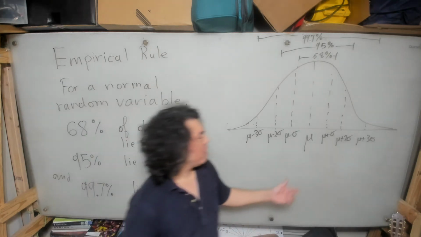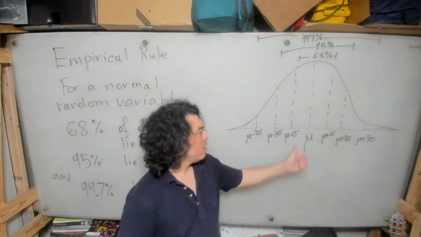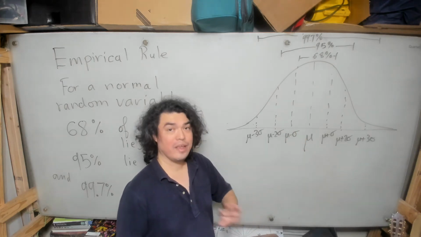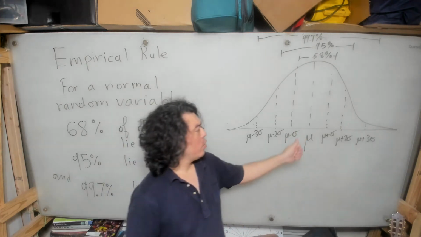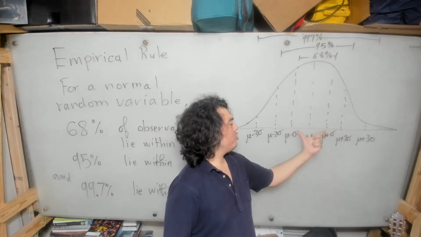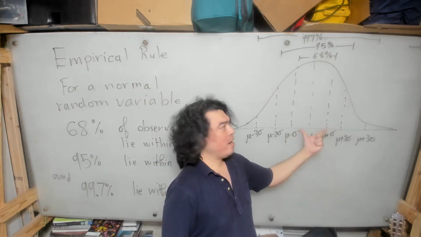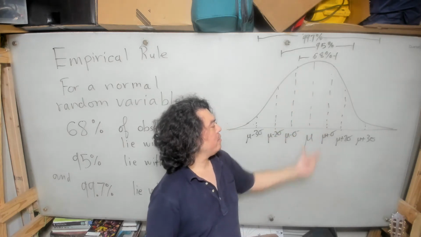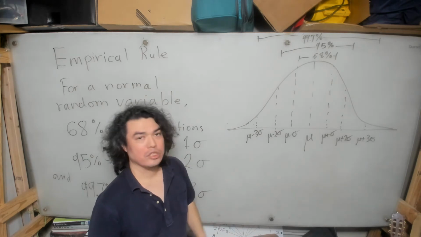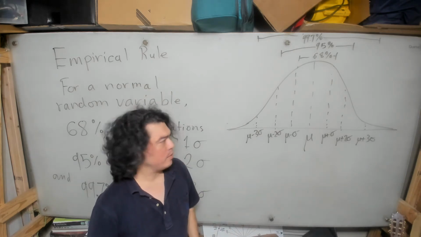Again, let me recap what that means. The area under the normal curve, any normal curve, when you go 1 sigma to the left and 1 sigma to the right, that strip, that area under the curve is 0.68. So 68% of observations we expect to lie within 1 sigma from the mean.